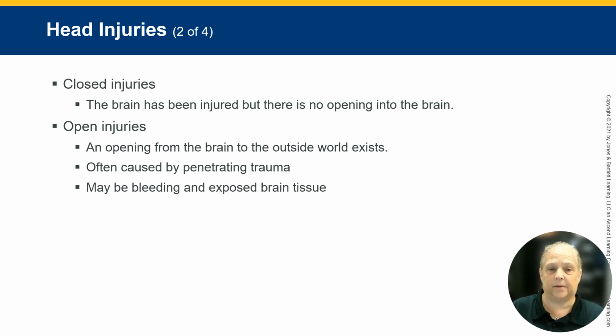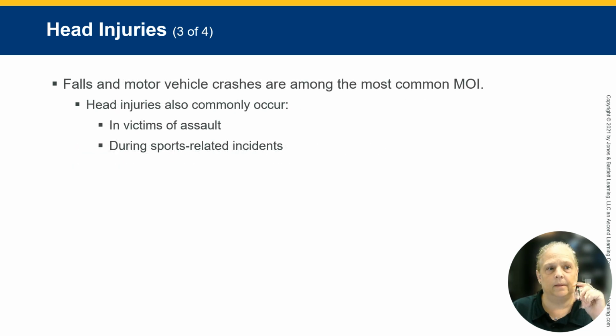Can cause significant bleeding, and there may be exposed brain tissue. Also can be caused by a penetrating trauma. A lot of times our injuries are caused by falls and motor vehicle accidents. However, you can also have them in sports-related injuries or in assaults.